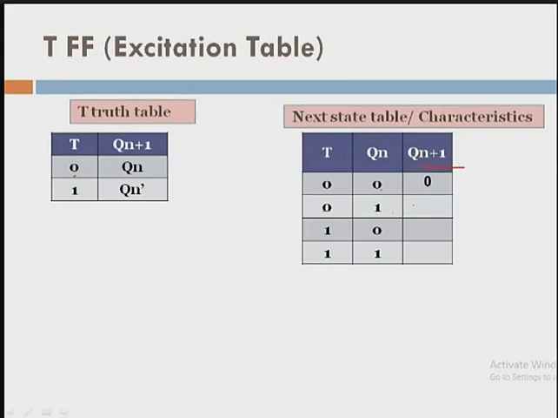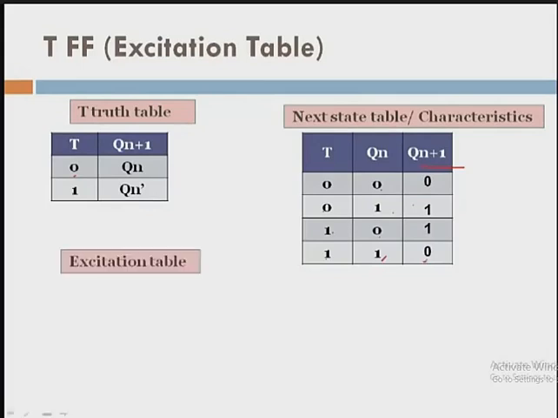Here Qn is 1, so the next value is 1. When T is equal to 1, Qn plus 1 value is Qn bar. Now Qn is 0, its bar is nothing but 1, so write down the 1 value. Again T is equal to 1, so write down Qn bar as output. Here Qn is equal to 1, so the output value is 0.